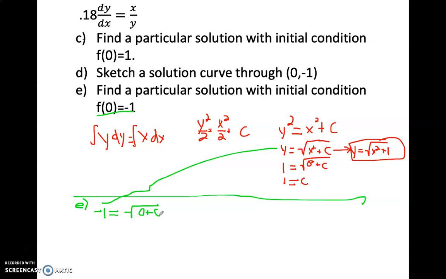All right, and when I do that, I'm going to end up with negative 1. I'm sorry, I'm going to get positive 1 equals the square root of c. And I'm going to get c equals 1.